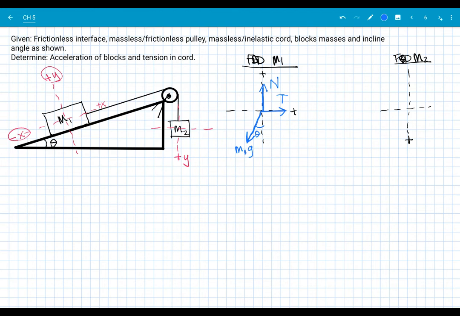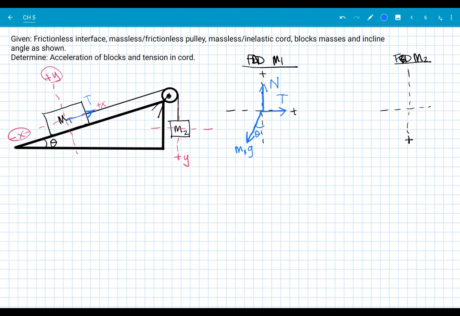If those directions totally threw you for a loop, go back over to the rotated coordinate system on the physical diagram and look at them there. I'll draw them in there. So here, if it helps you, tension is directed to the right from the block, right? The string is pulling the block to the right.